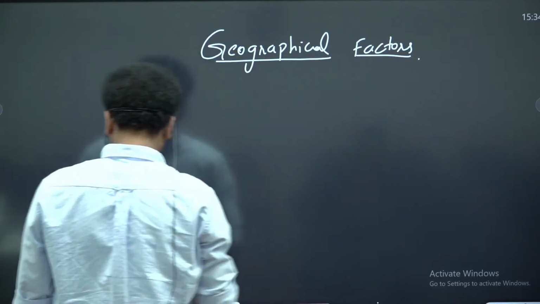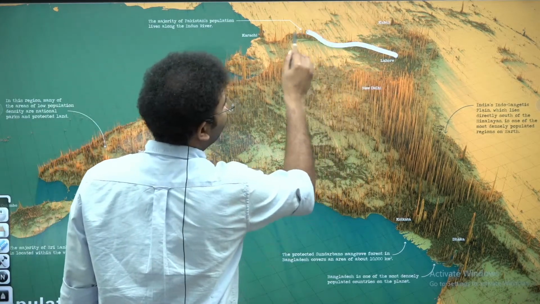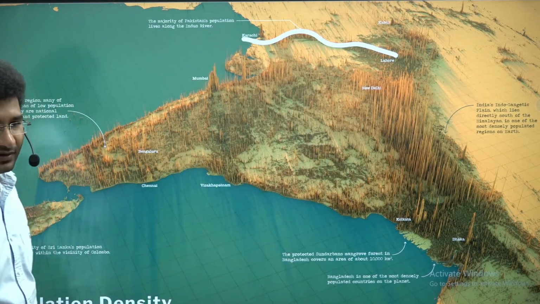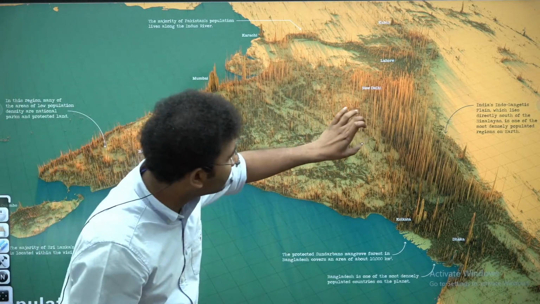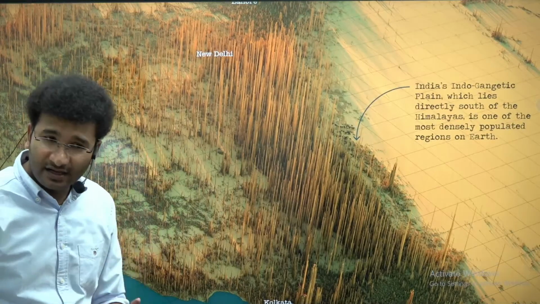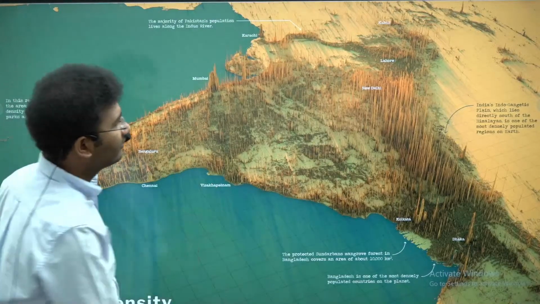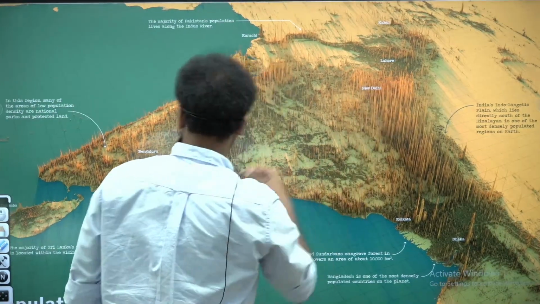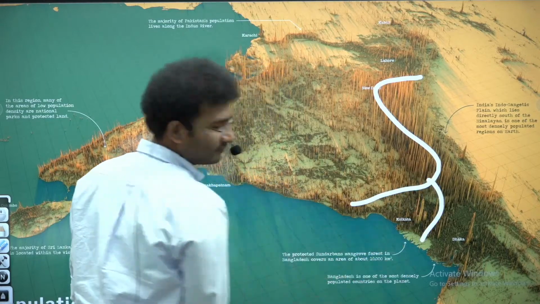Now look, in the first factor, it is clearly evident that this population is primarily because of rivers. Now, why do you have such a large population here also? Again, the Ganga river is there, the major one, and its tributaries. That is the reason why you see large population density across the river Ganga. Okay?